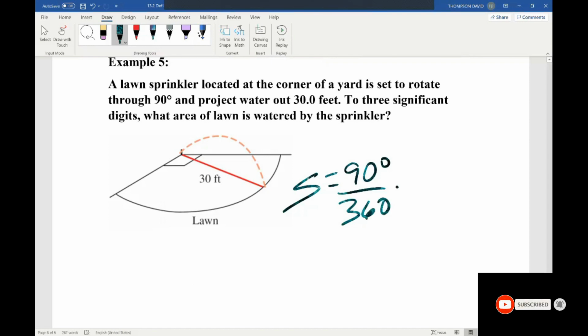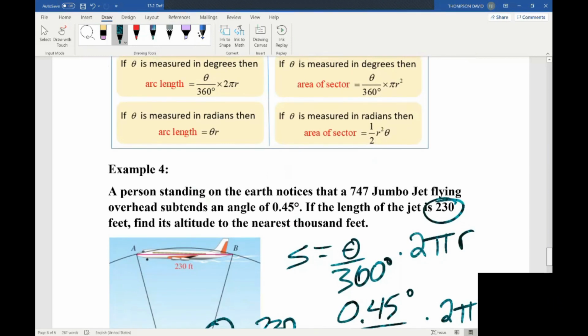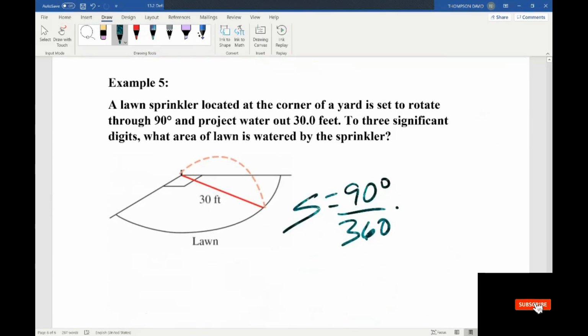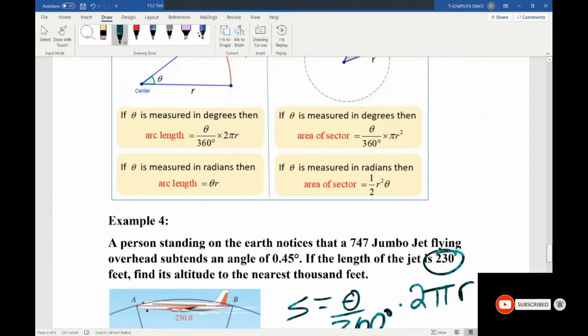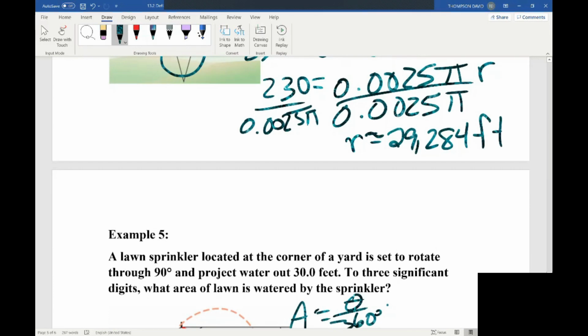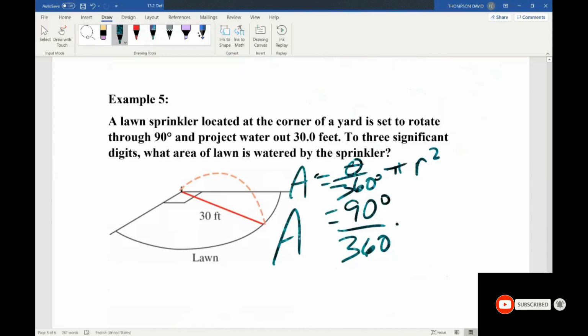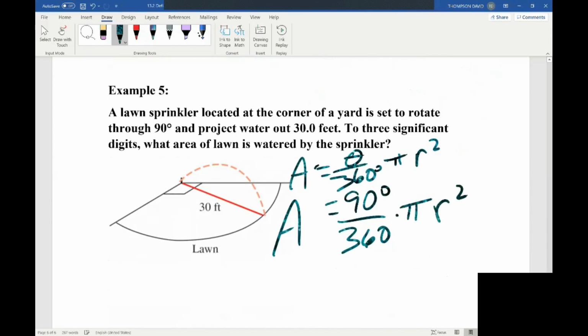Let's use A for area of a sector. A equals theta over 360 times, let's write down our formula, pi r squared.